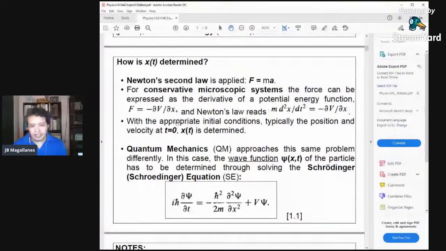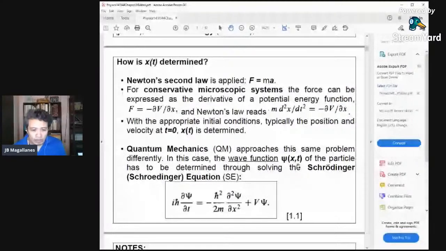Quantum mechanics, on the other hand, approaches this problem in a different way, because we have to know the wave function of the system or the particle or the object. The wave function is usually denoted by psi, which is a function of space and time of the particle.